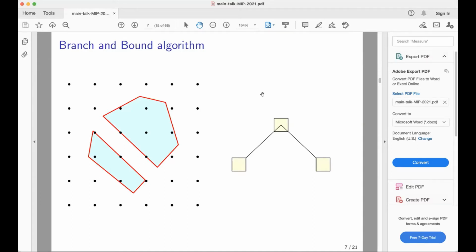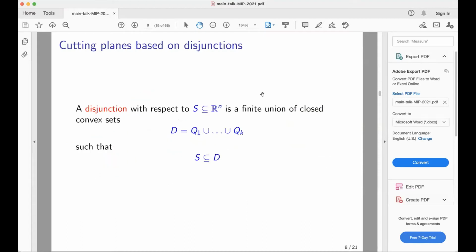So that node becomes a leaf node. That's what pruning is. And you only process nodes that are still above the bound that you're trying to reach. If the bound you're trying to reach is just optimality, then you would of course go all the way to optimality. Otherwise, you can stop at any kind of upper bound that you set yourself. Okay, so this is all just well-known terminology.